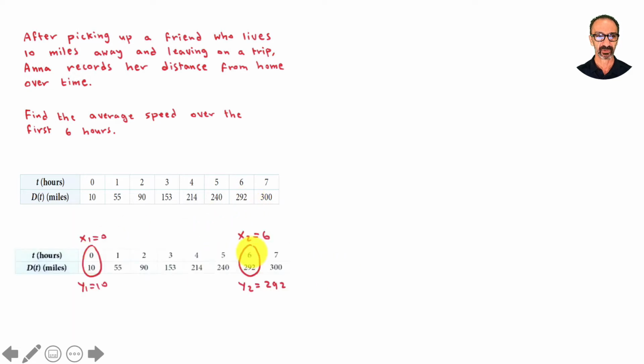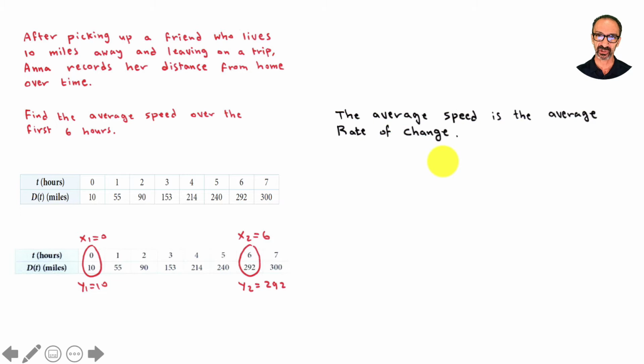So we need to consider these 2 points, that's x1, y1, and that's x2, y2. The average speed is the average rate of change, which is the slope, as I mentioned. So we have 292 minus 10, that's the y values, over 6 minus 0 for the x values.